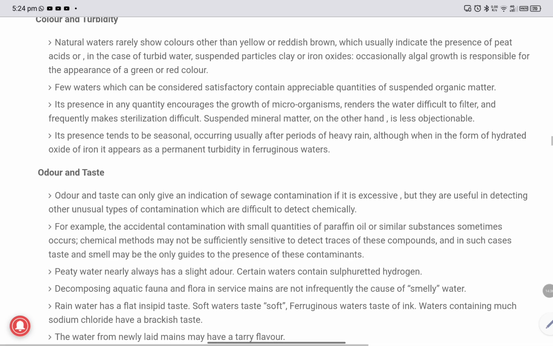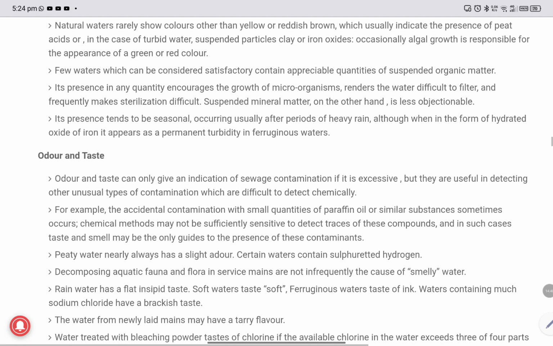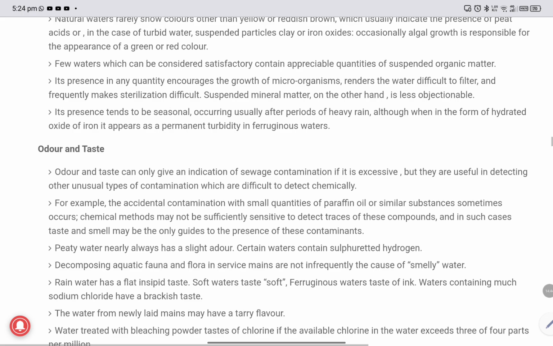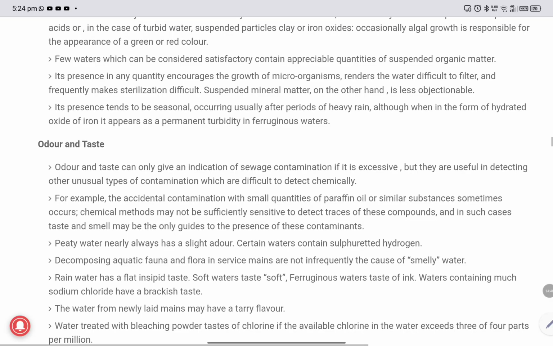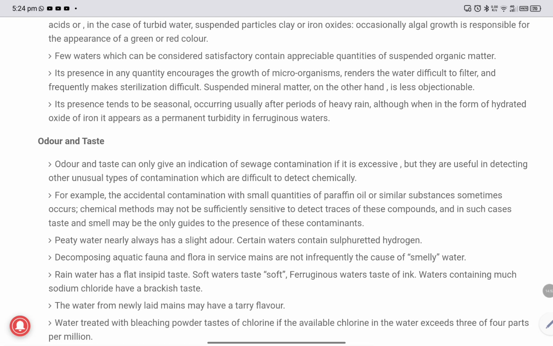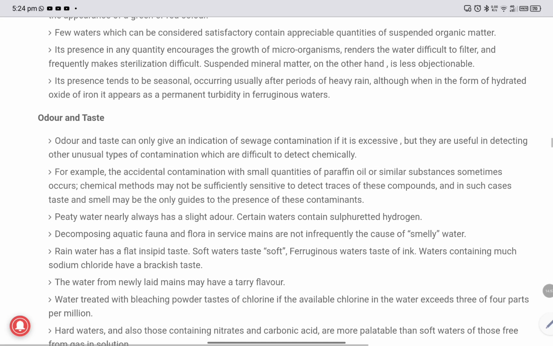Suspended mineral matter, on the other hand, is less objectionable. Its presence tends to be seasonal, occurring usually after a period of heavy rain, although when in the form of hydrated oxide of iron, it appears as a permanent turbidity in ferruginous water.